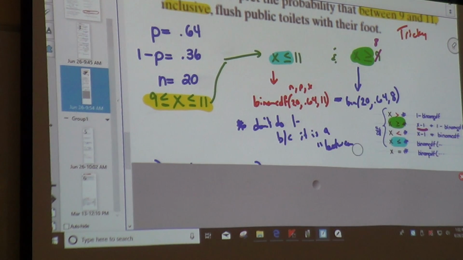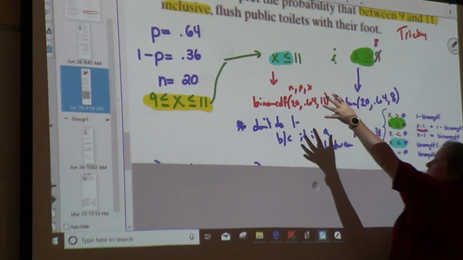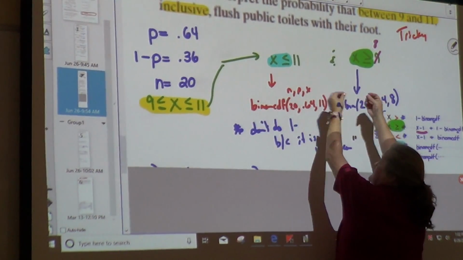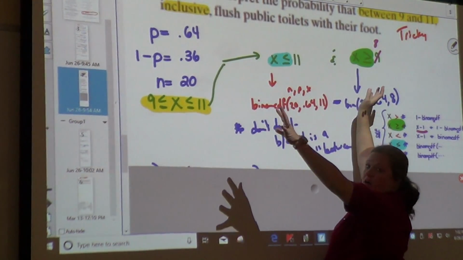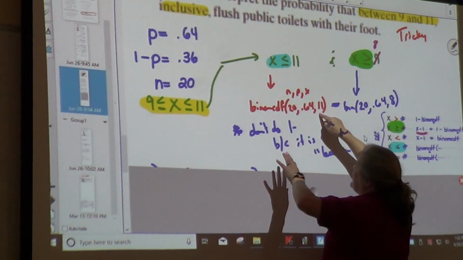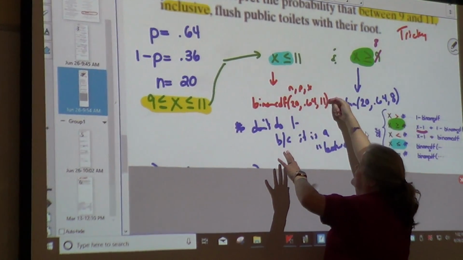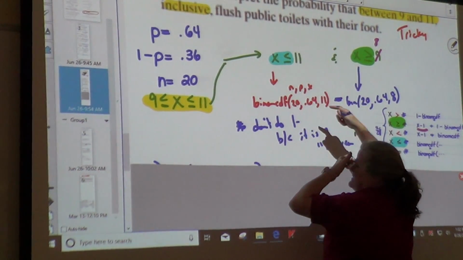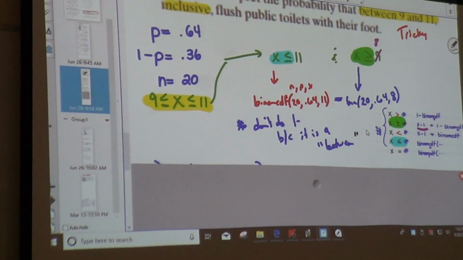So I can do one of two things. I can either find this answer and subtract them, or I can type that whole thing in at once, making sure that I close that parentheses, because if I don't, it's going to be inside that binomial CDF. So I can do it all in one step.